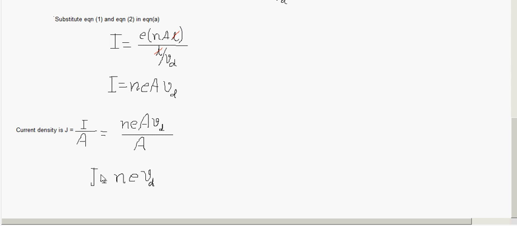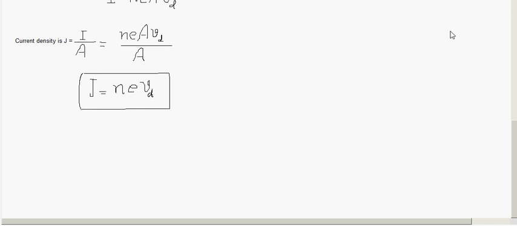This is the relation between current density and drift speed of electron. Thus current density of a conductor is proportional to drift speed.